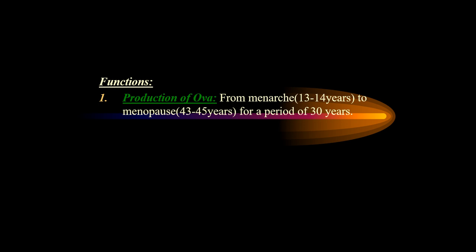And this is the menarche at which the regular menstrual cycles will begin. And this complete duration of the reproductive life in case of female will be almost 30 years, starting from 13 to 14 years and ending by around 40 to 45 years.